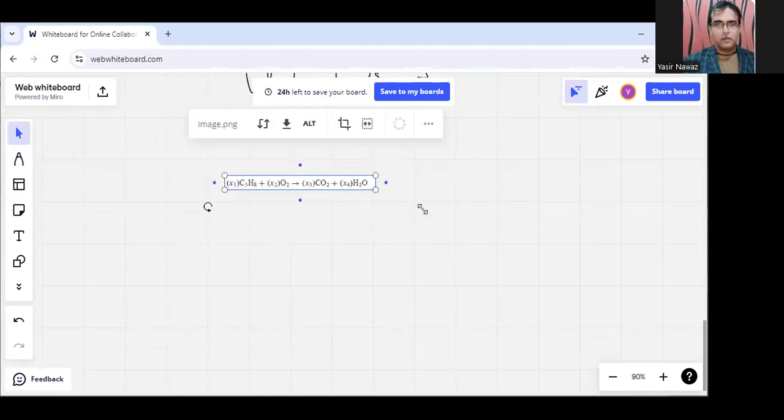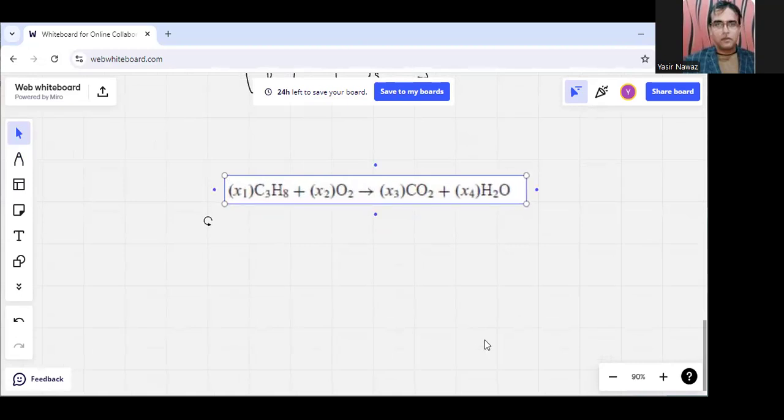Look at this equation. In this equation, one thing is clear: there are a total of three kinds of atoms. One is carbon, other is hydrogen, and the third is oxygen.